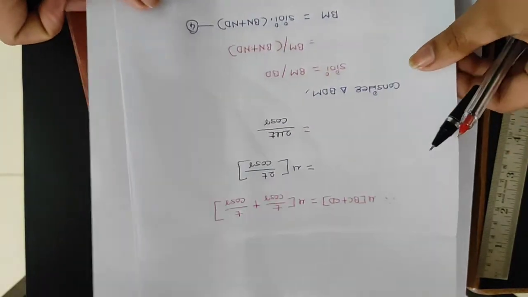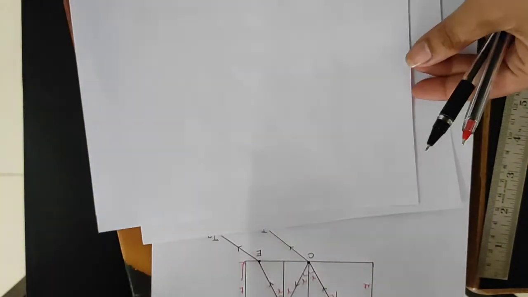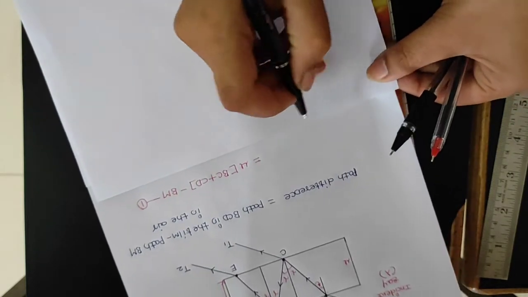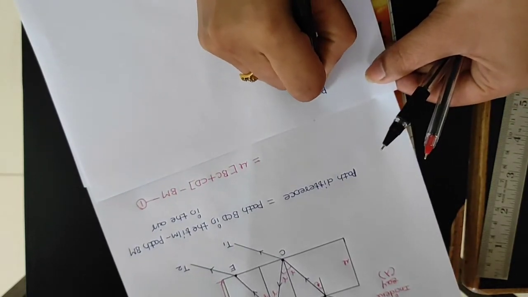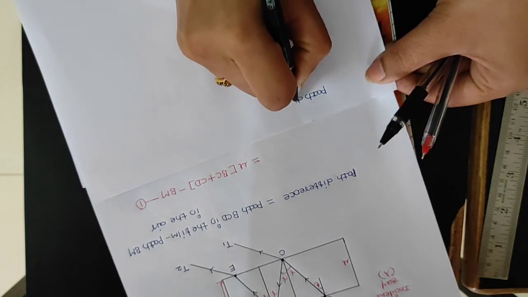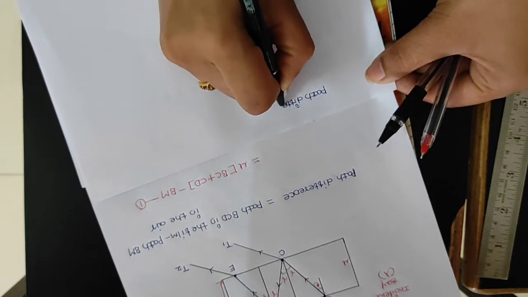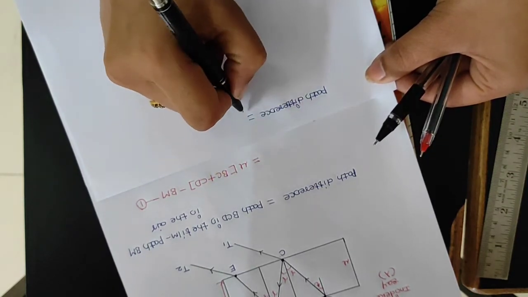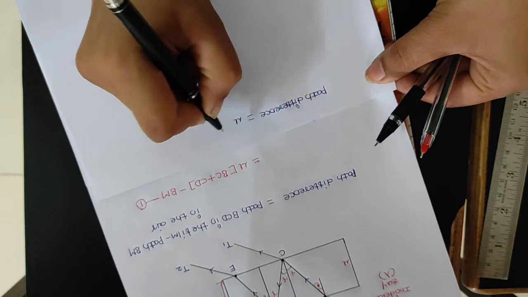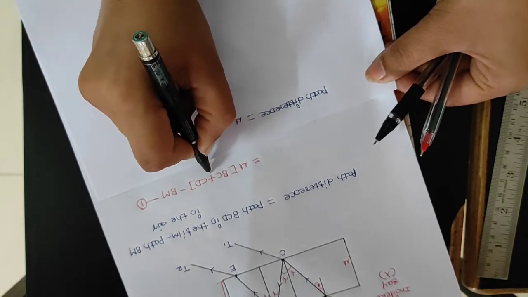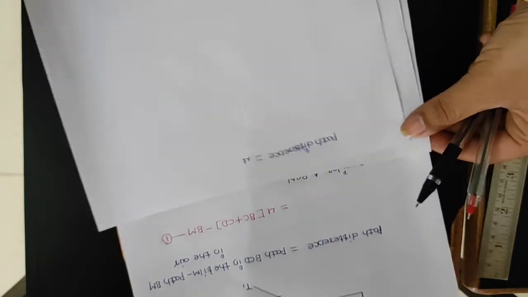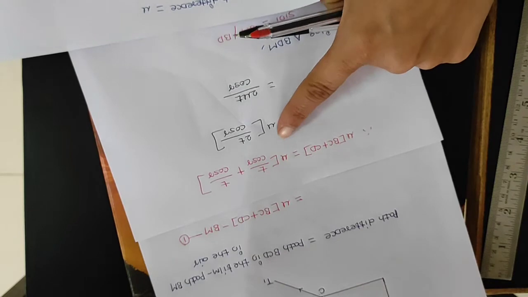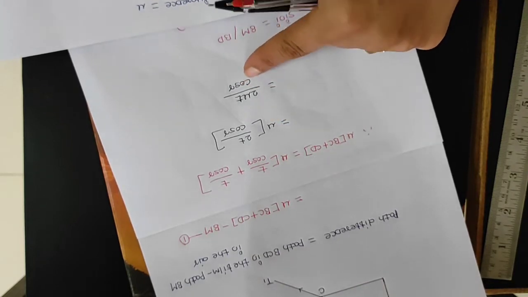So we can write path difference is equal to mu into BC plus CD, which is equal to 2 mu t divided by cos r.